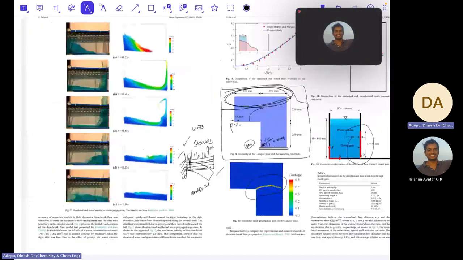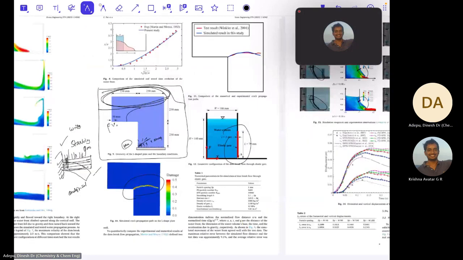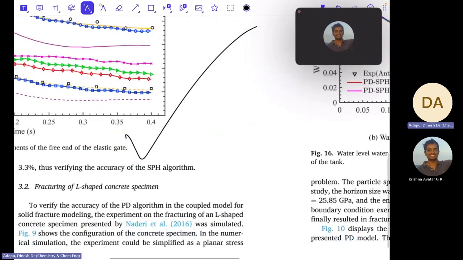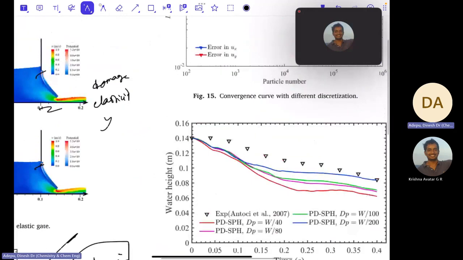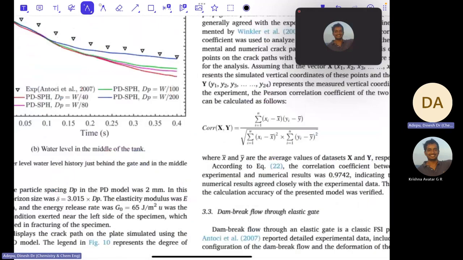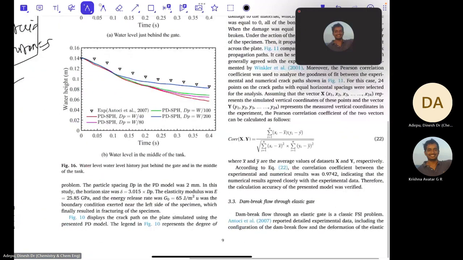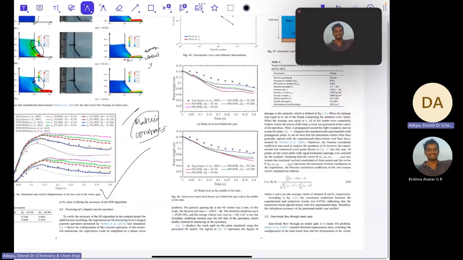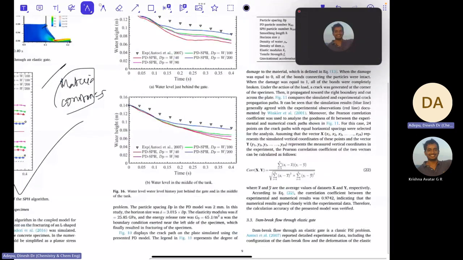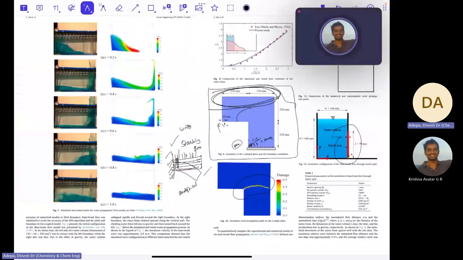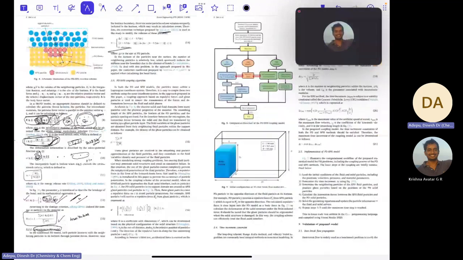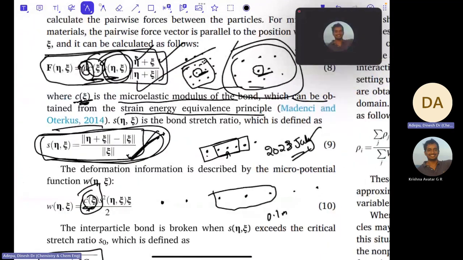But let us see if he has anything in the papers. The C value isn't here. So the C value is yet to be found. I don't know how you would compute C from the strain energy equivalence principle.